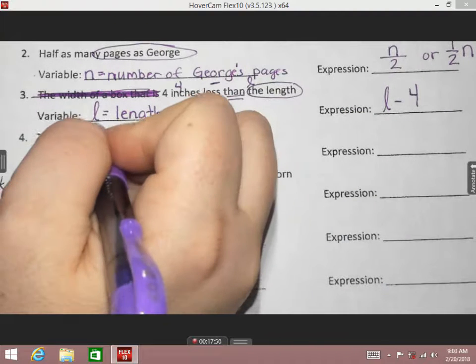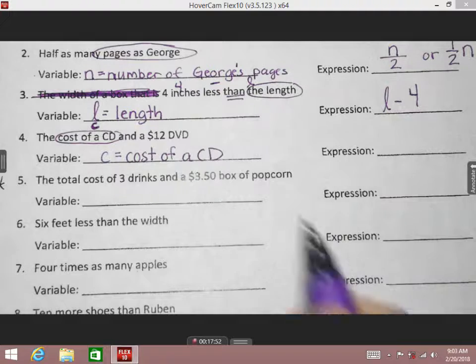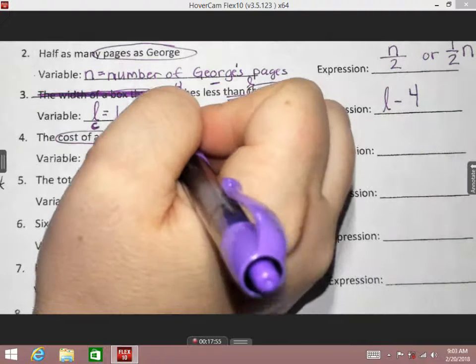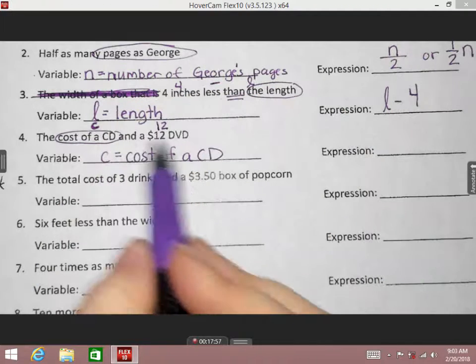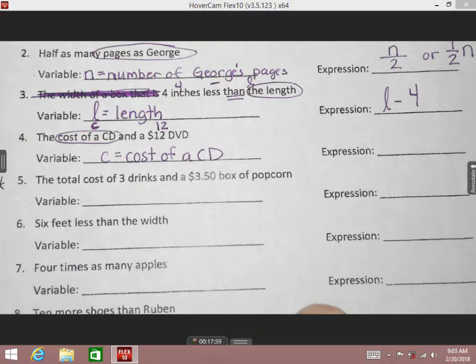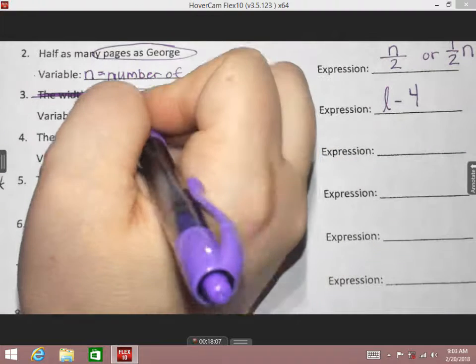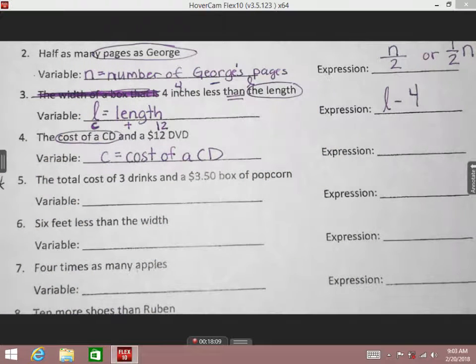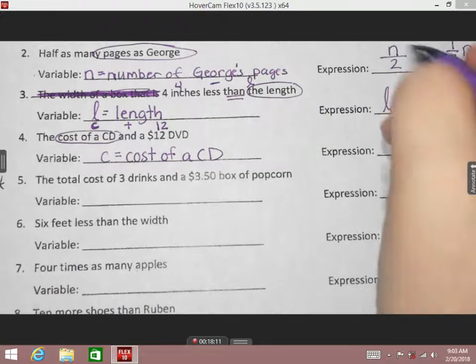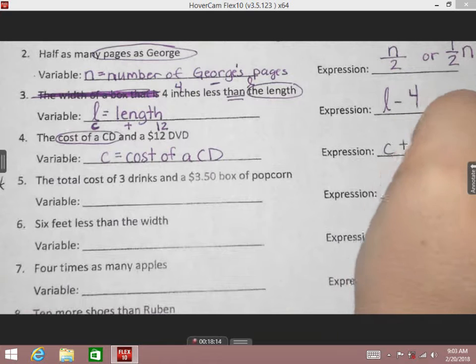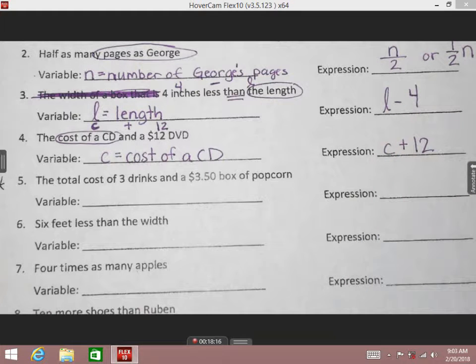Now, guys, if I know the cost of the CD, which I now know is C, and my $12 DVD, so that's 12, what would I be doing with those two things? If I want to buy both of them, what would I have to do, Michaela? Add them. Okay. Do I need to flip that around at all? No. We're just going to write C plus 12. You only have to flip it when you see less than, more than, fewer than.